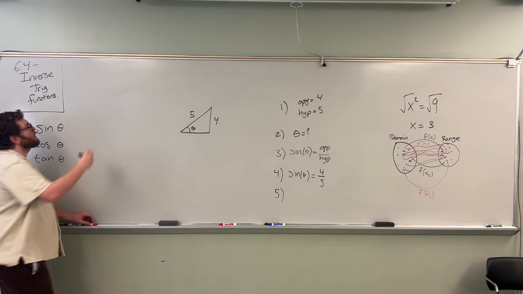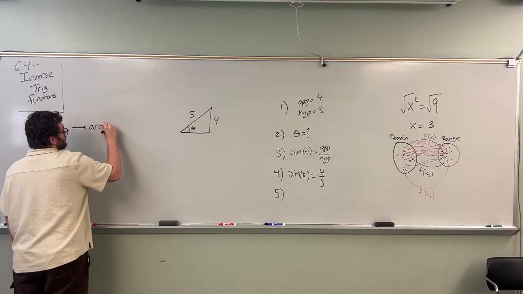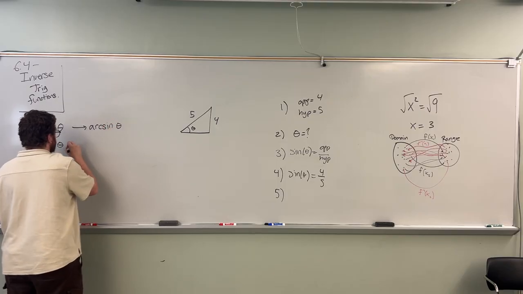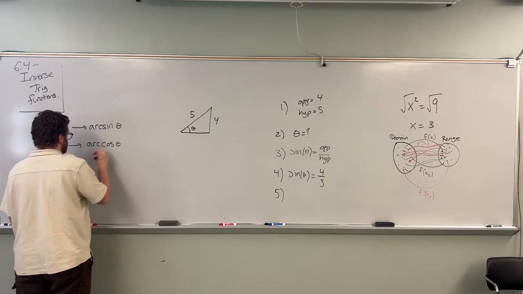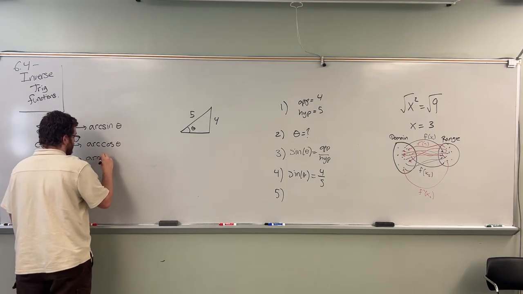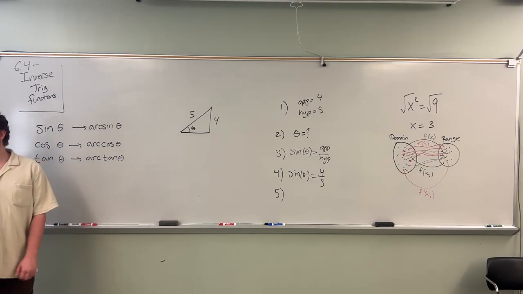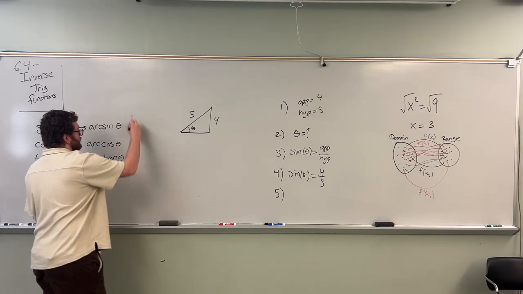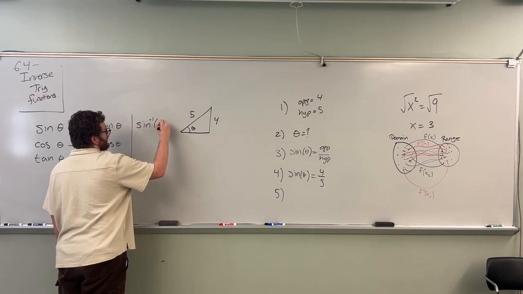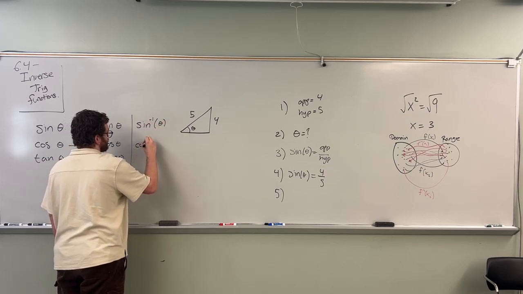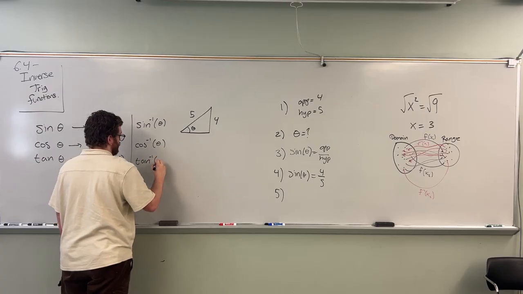A lot of people write them with the word arc in front of them: arc sine theta, arc cosine theta, and arc tan theta. But how I will almost exclusively write them is just using inverse: sine to the negative 1 theta, cosine to the negative 1 theta, tangent to negative 1 theta.